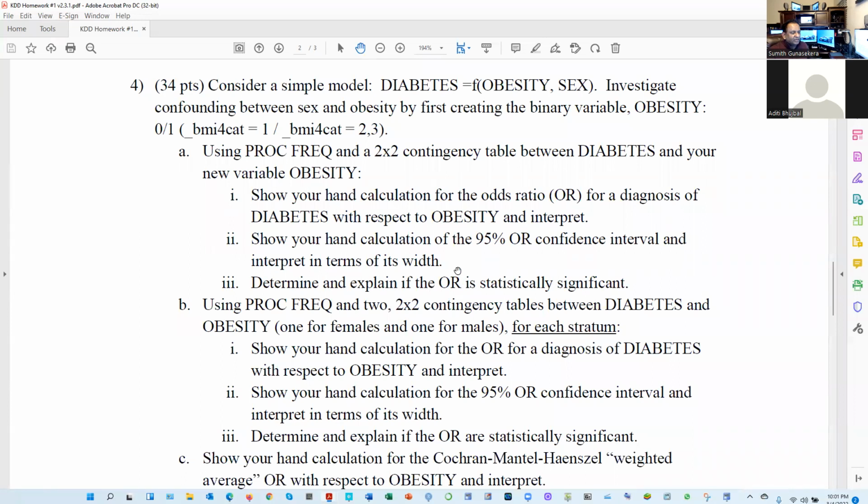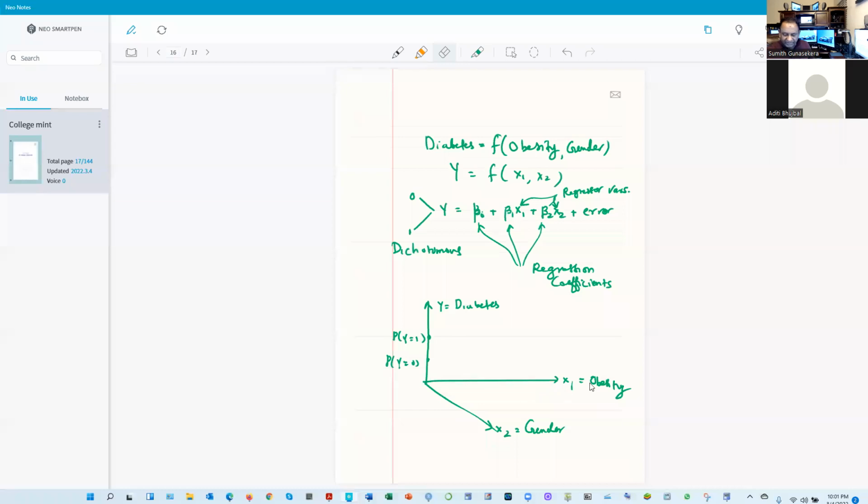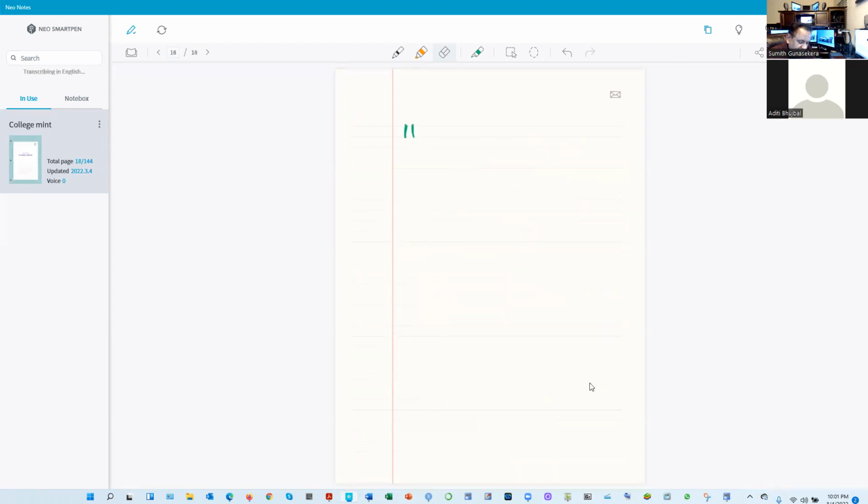What does that mean? Let's say, in this kind of discussion we have built up all the time, H naught: OR is 0, versus HA: OR not equal to 0.